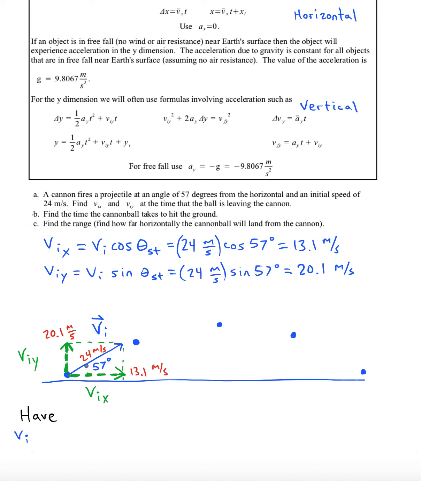Now, we don't really care too much anymore about the total initial velocity. When we're doing two-dimensional motion problems, we want to break it up into x and y components on purpose because we have to work with them independently. So notice that we have VIX, 13.1. We have VIY.